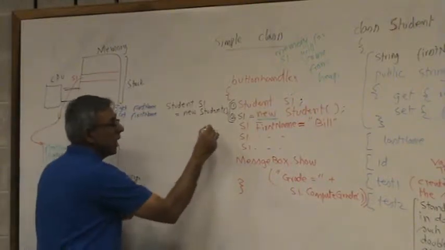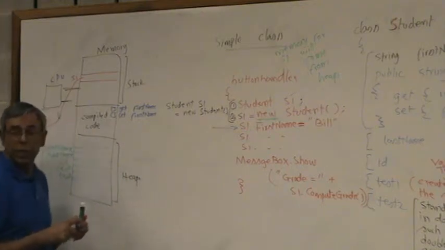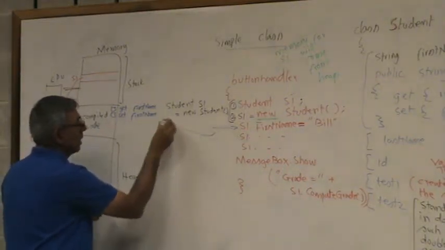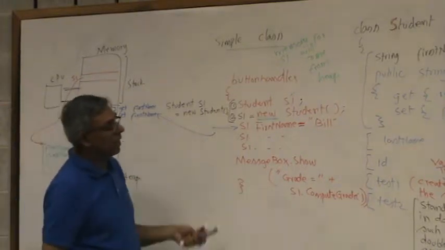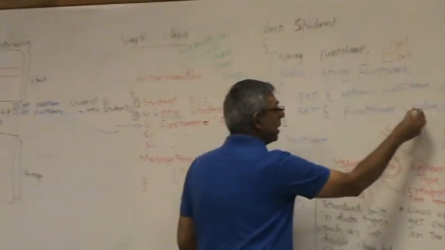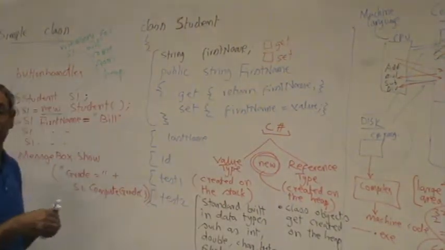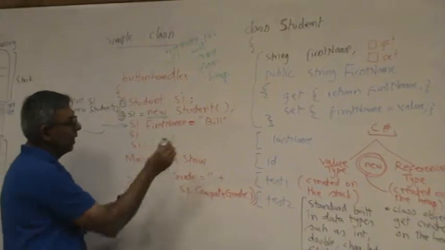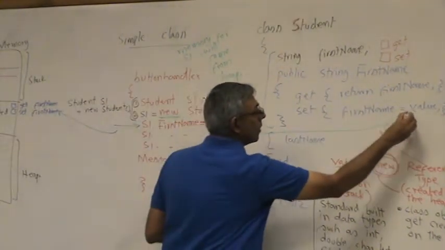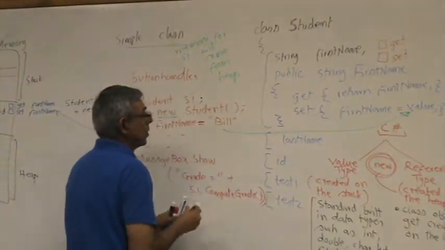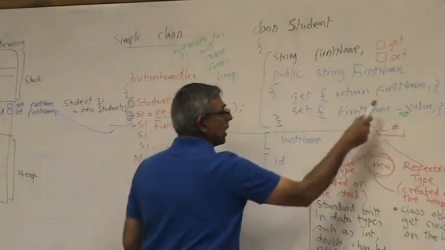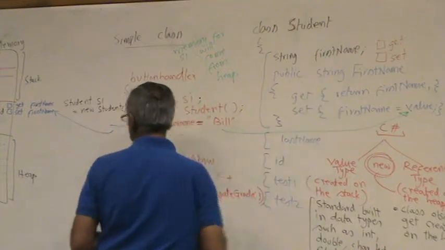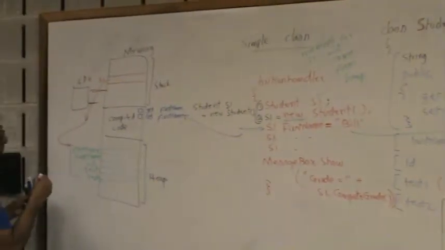As soon as we execute this statement, the computer will go to the set function, so we'll call the set function. What's the code in the set function? Value will be stored in firstName. So which one will be treated as the value over here? Bill will be treated as the value. So Bill will be stored in the variable firstName, which is in memory. Over here, Bill will get stored.